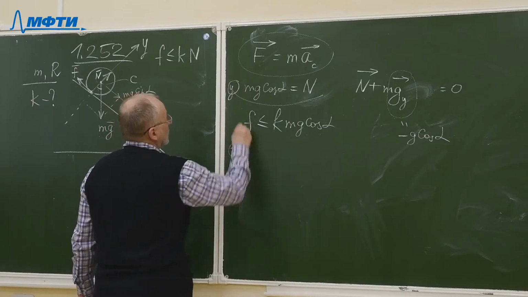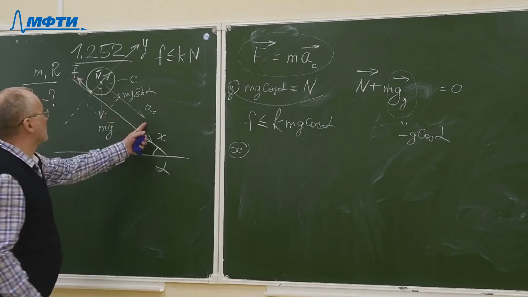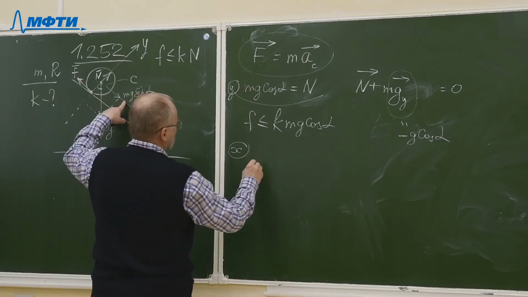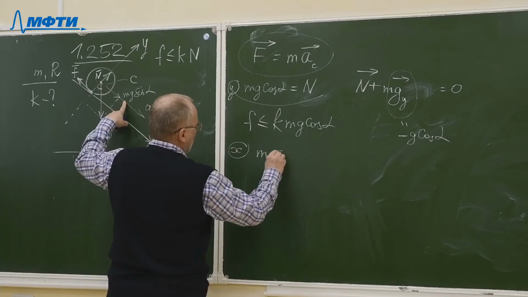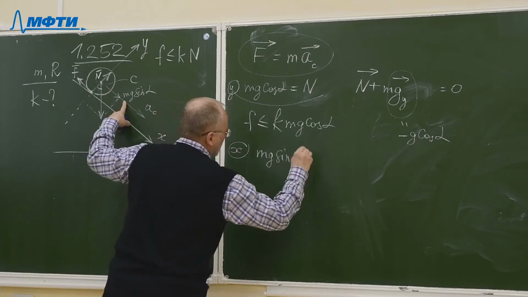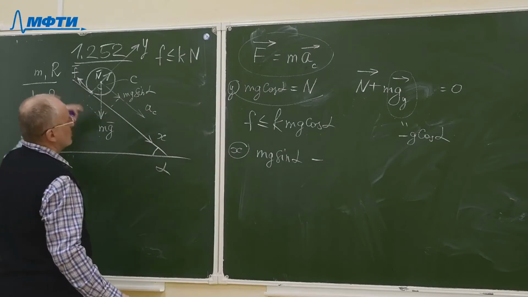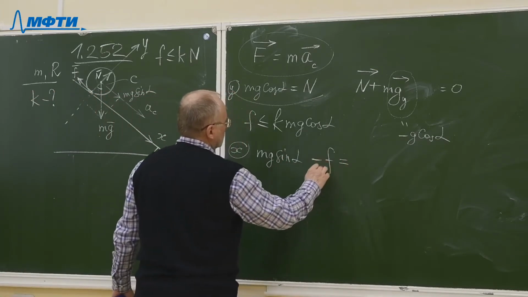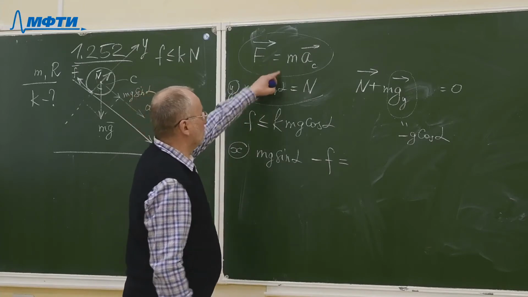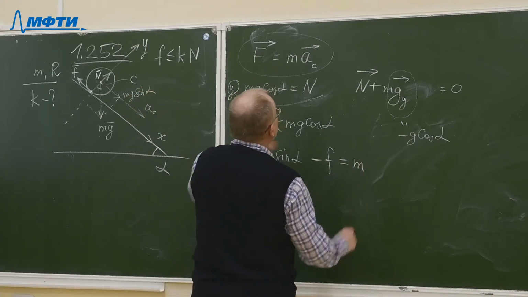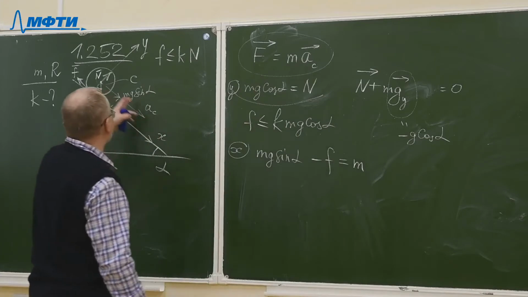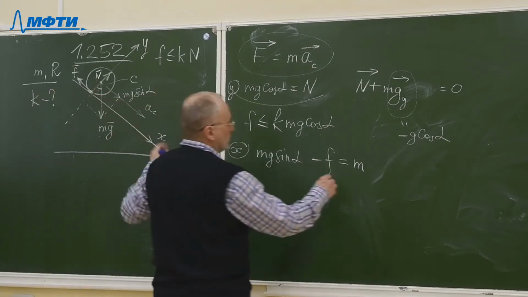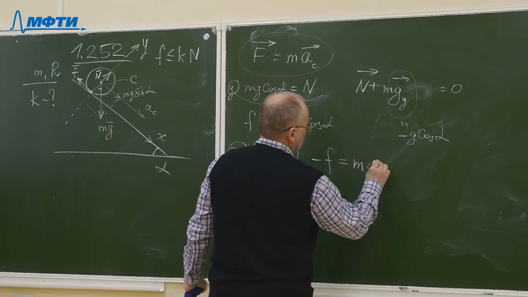Now if we project the vector equation on the x-axis, then we obtain, in positive direction, one force, mg sine alpha, minus the force acting in negative direction, that is the force of friction, and that must give you, according to the main equation, the mass times acceleration, and the projection of acceleration on the x-axis is just the magnitude of this acceleration of the center of mass.